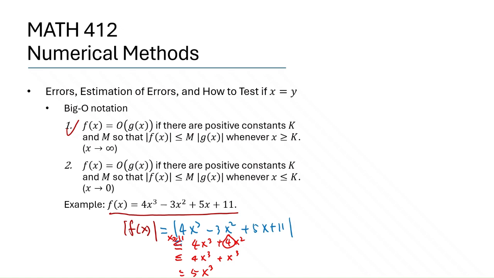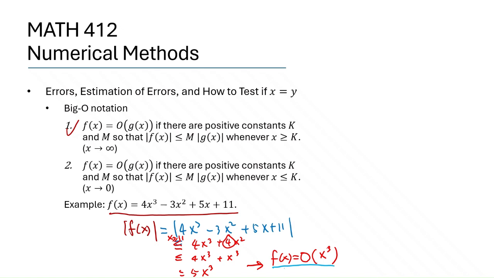So therefore we have f of x is big O of x cubed. This is true, and we have a witness for such a relation. Which witness?